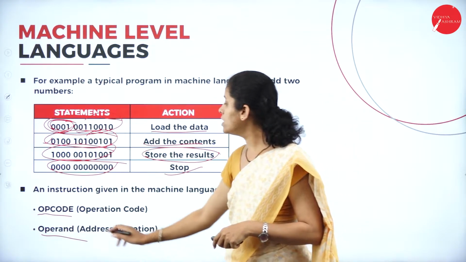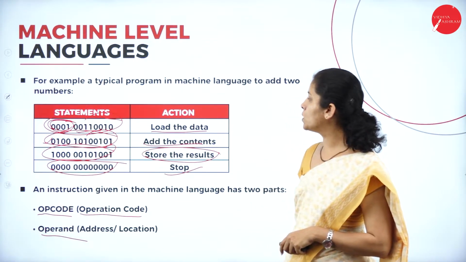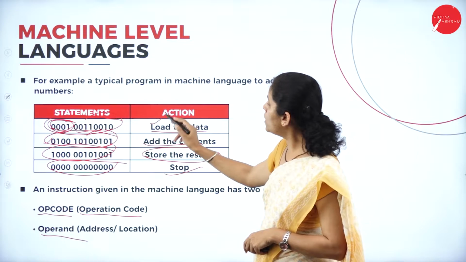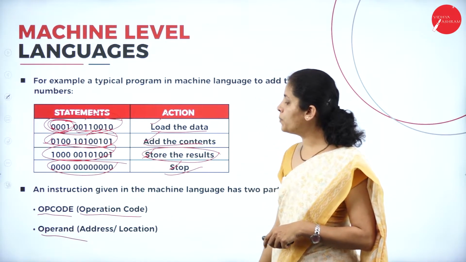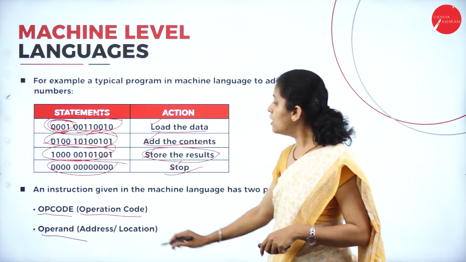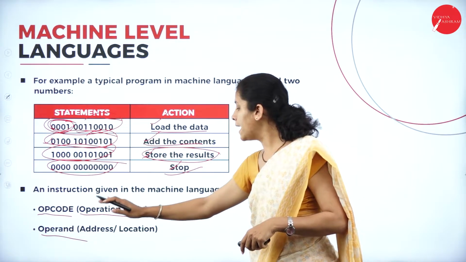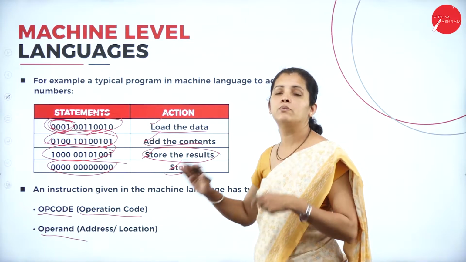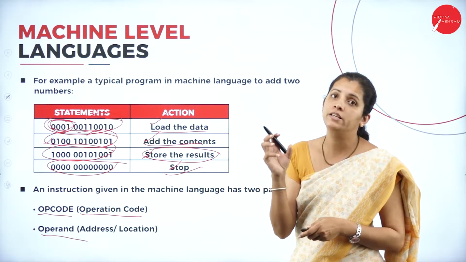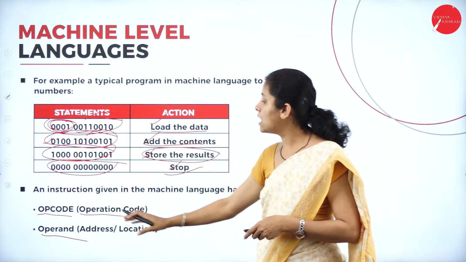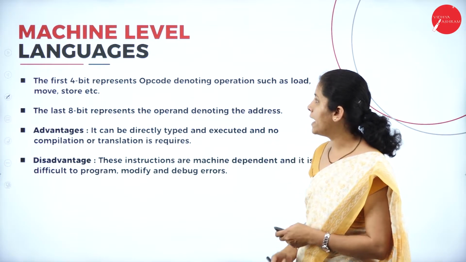What is opcode? That is operation code. So load, add, store, stop are the operation codes, and the operand is the address or location, that is, where I want to store the data or from where I want to fetch the data.